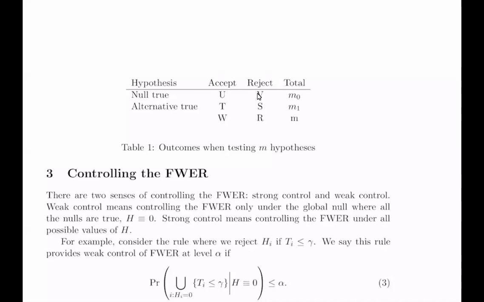Okay, so V is the number. And so that will depend on the rule, of course, but also given the rule, it will depend on the test statistics you see. Okay, so the T's. So V will be random because it depends on the T, which are random.